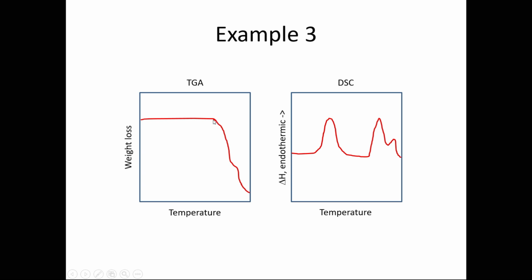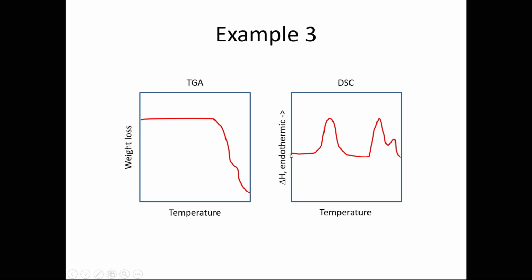We could have seen them a bit better if we transformed this TGA thermogram into a DTG thermogram, but we could see that there are several decomposition stages above this temperature.